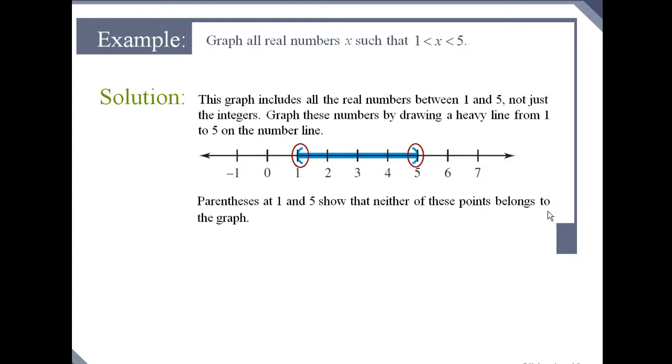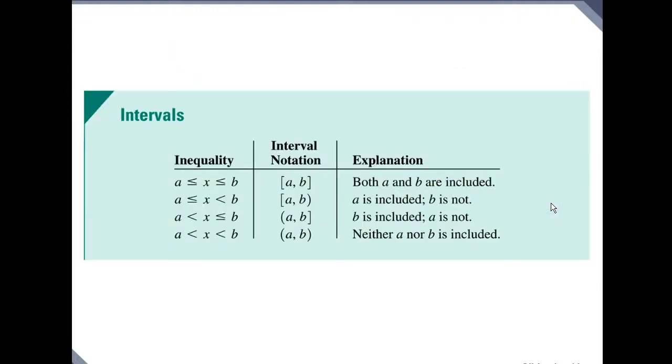And they're showing that a parenthesis is used. So there's the inequality, and there's the type of sign that is shown. If something is included in the set, if A is included, we use a bracket.